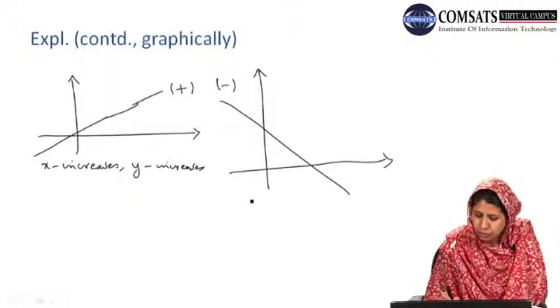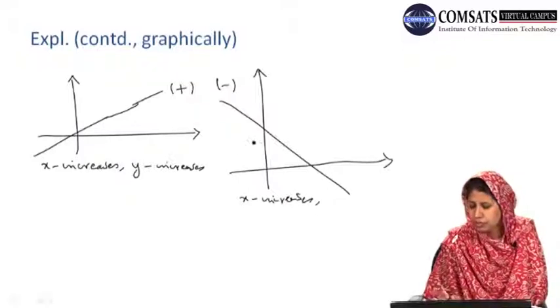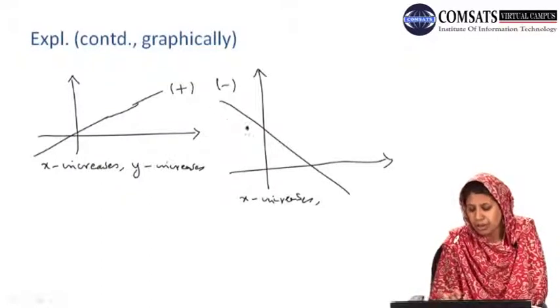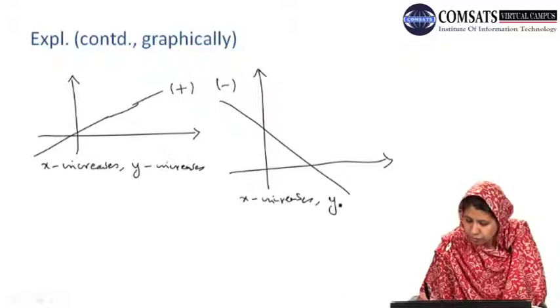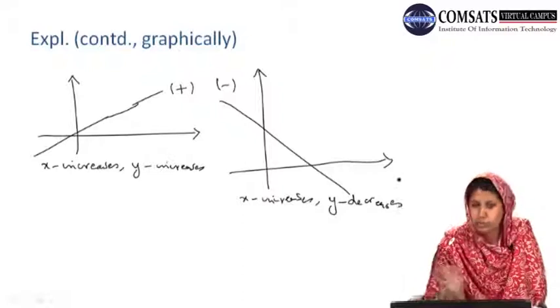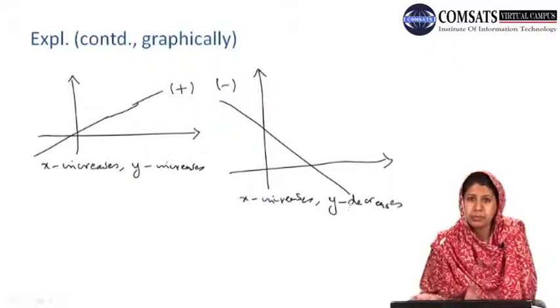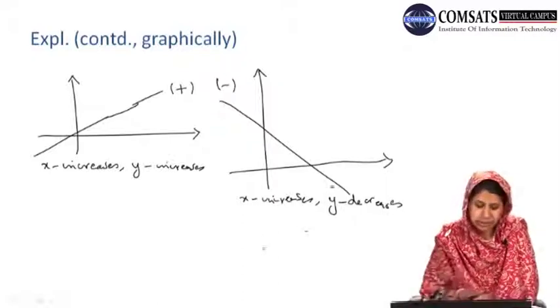That as the value of x increases from negative to positive, the value of y is decreasing from positive to negative. So the value of y decreases. In this case, x and y are inversely proportional to each other. That is, x is increasing but y is decreasing.